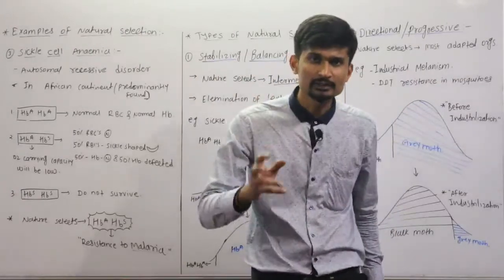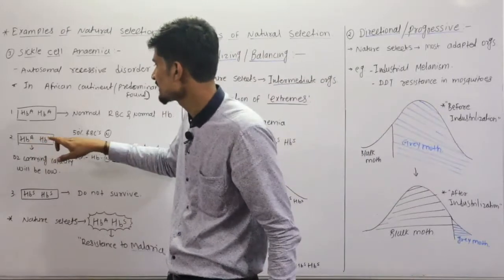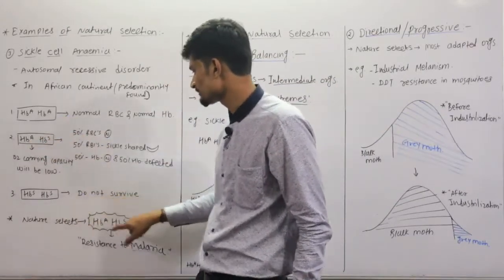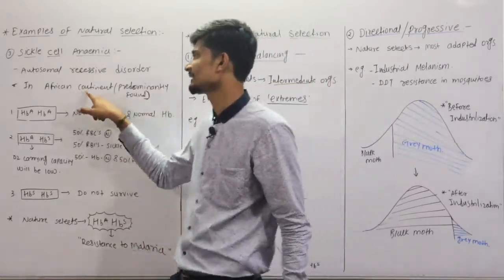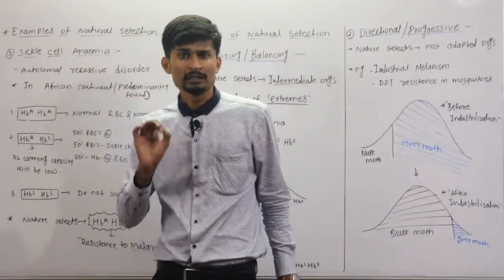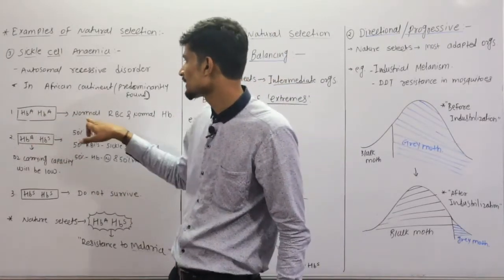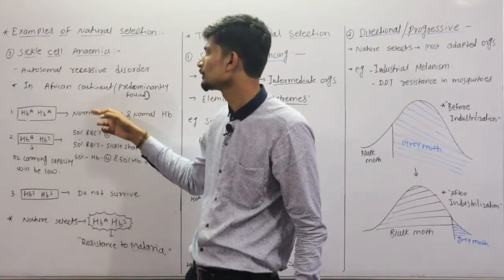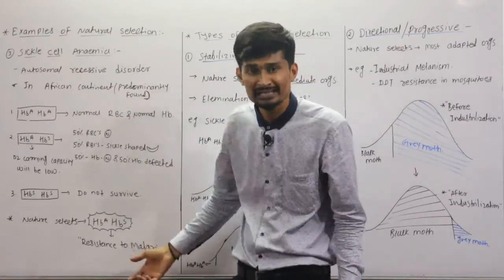So naturally nature selects the intermediate condition, HbA HbS. That's why the people are naturally resistant to malaria in that region. If there were the normal condition, they would be very prone to malaria, which can cause death.